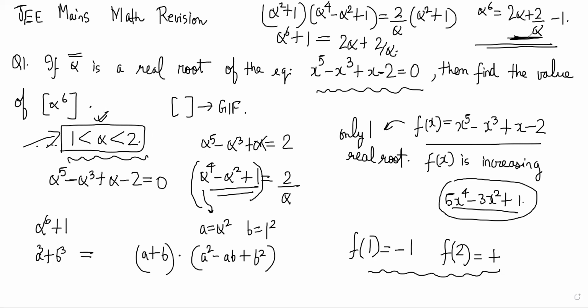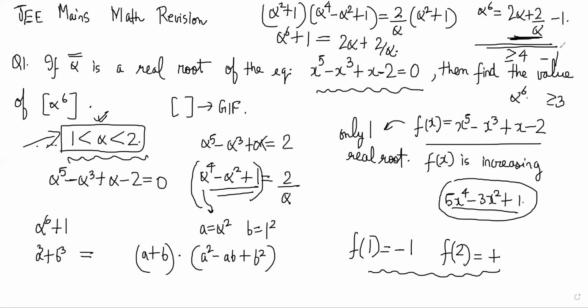So this is greater than or equal to 4 minus 1, so greater than or equal to 3, right? And it will be equal to 3 only if alpha is equal to 1 by alpha, or alpha is equal to 1, right?